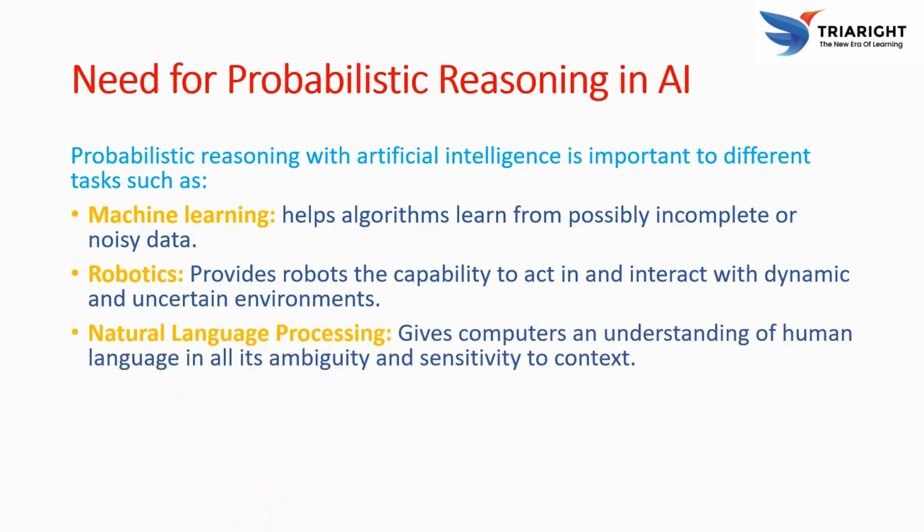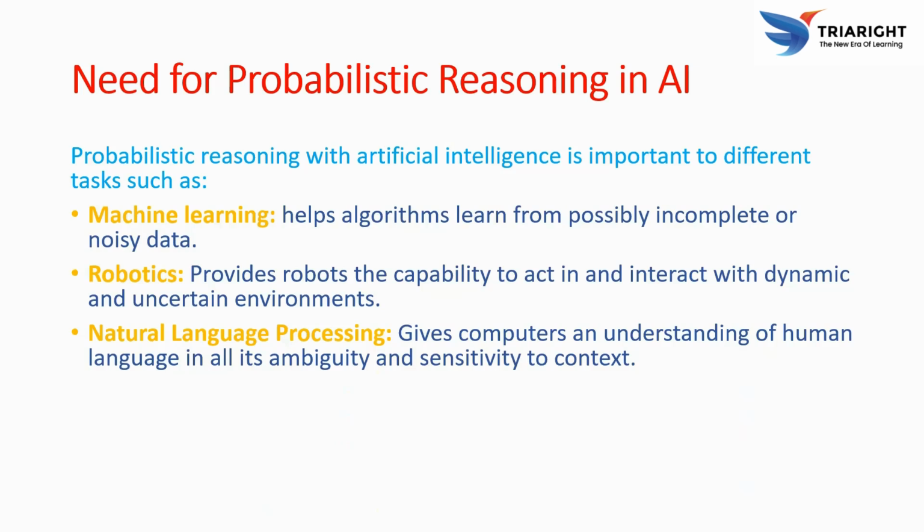The next important area is NLP, natural language processing. It gives computers an understanding of human language in all its ambiguity and sensitivity to context. In NLP, probabilistic reasoning gives a computer an understanding of human language in all its ambiguity and sensitivity to context.